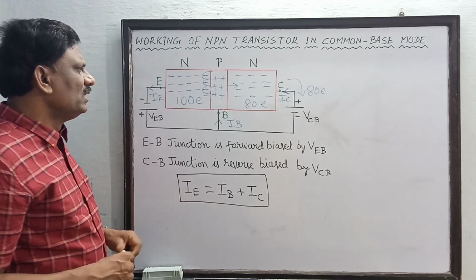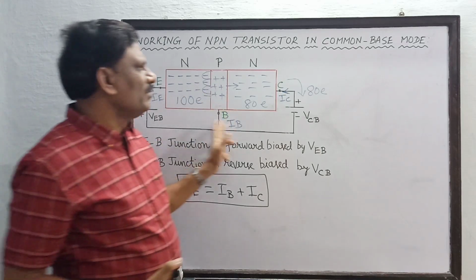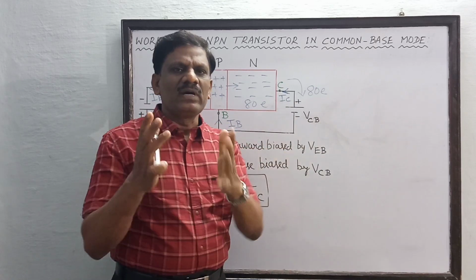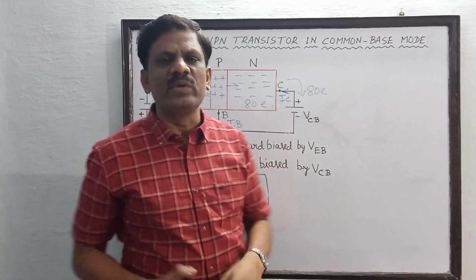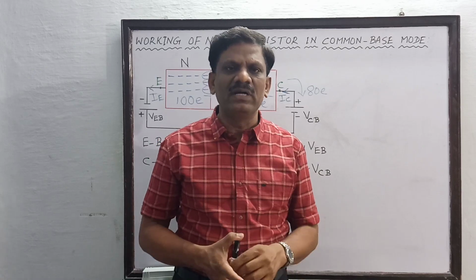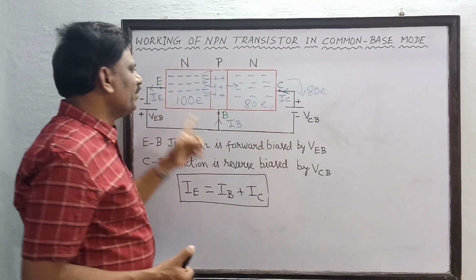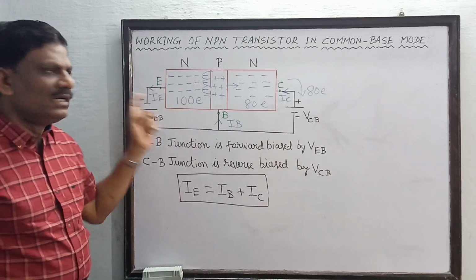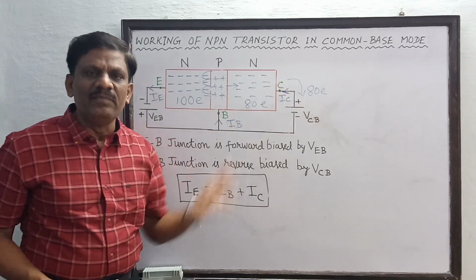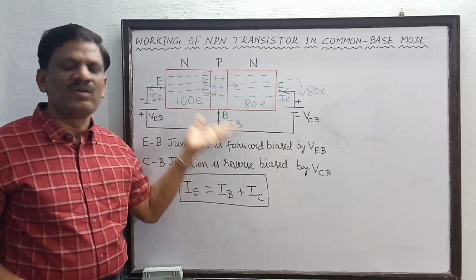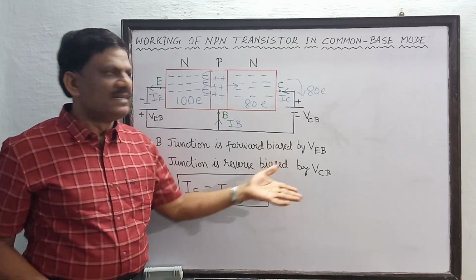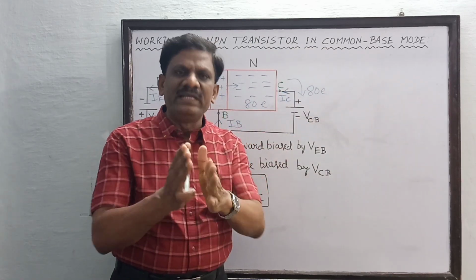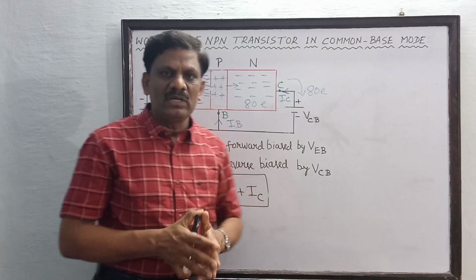Now this block diagram shows that it is connected in the common base mode. Whenever you connect a transistor in an amplifier circuit, oscillator circuit or any circuit, out of the three terminals, emitter, base and collector, one is connected to the input, the other is connected to the output, keeping one of the terminals common for both input and output. Since this is the common base mode, the base is kept at the center as the common terminal between input and output.